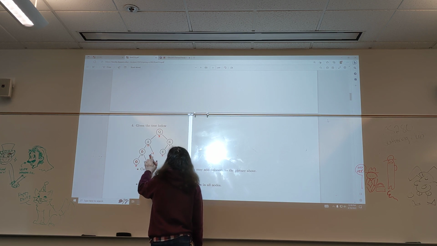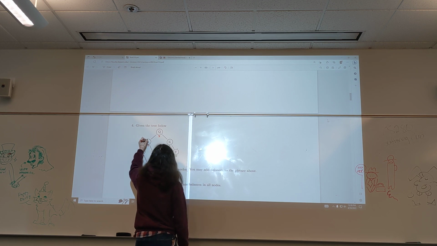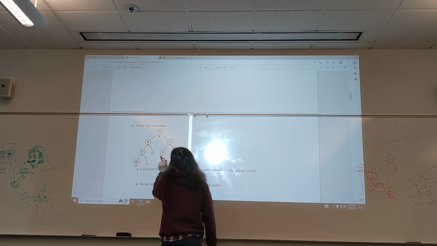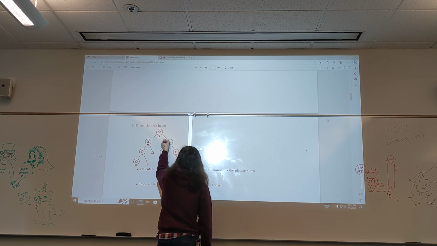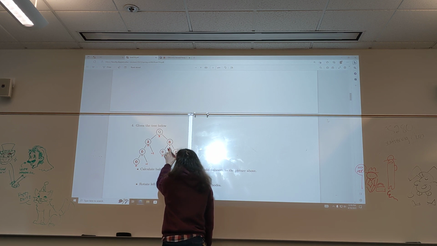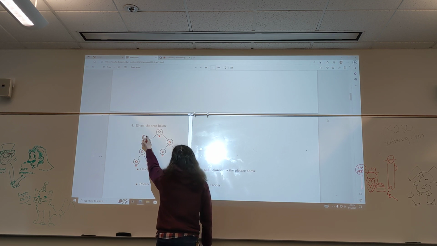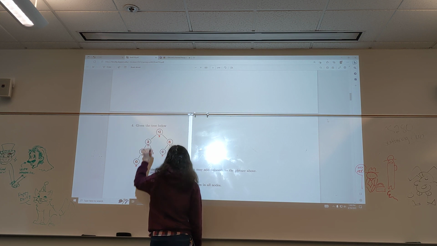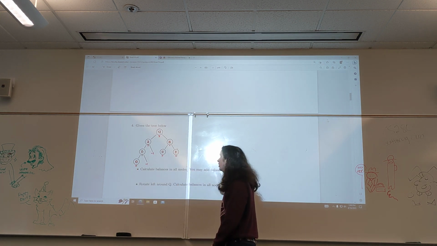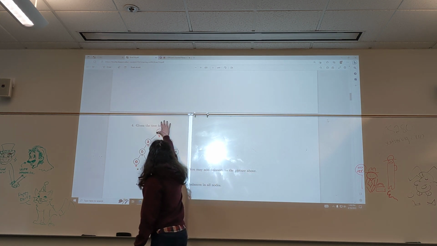Then this one is a height of 1 and a height of -1, so its balance is 2. This one has heights of 0 and 0, so its balance is 0. And then the heights are 2 and 1, so its balance is 1.